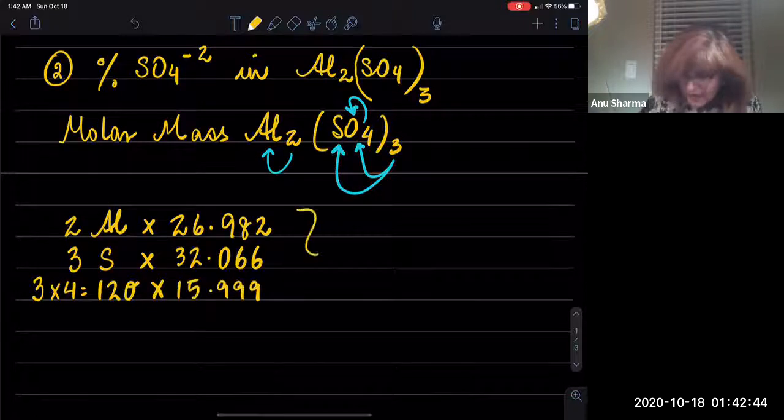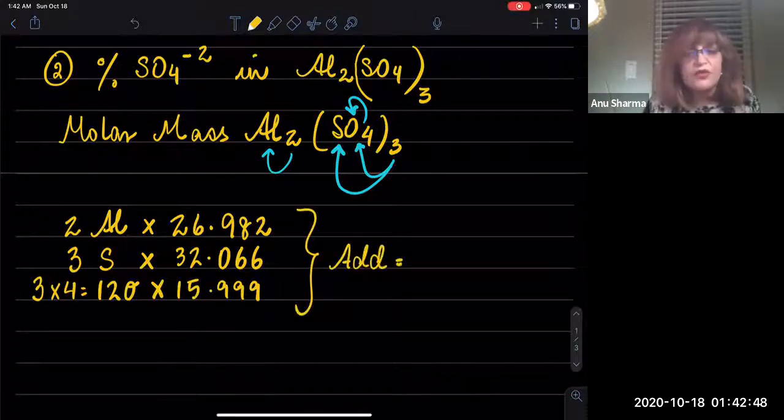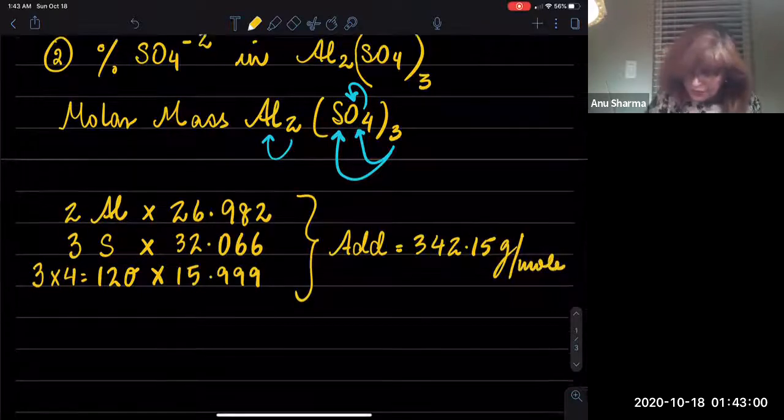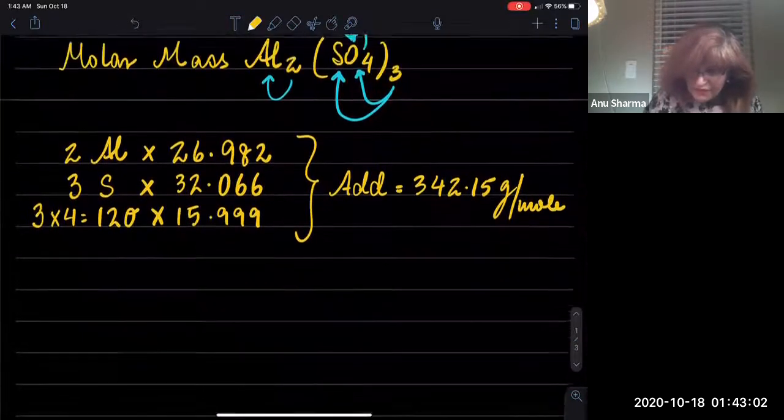So when you add all these numbers, after the multiplication, you are going to get 342.15 grams per mole.